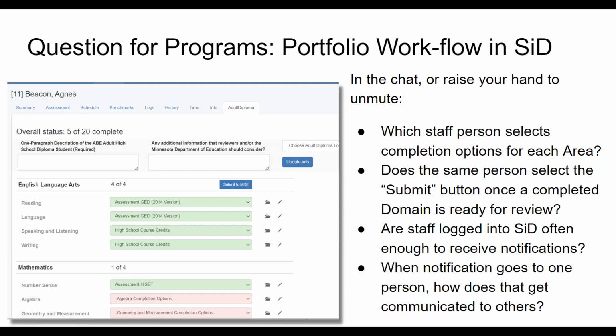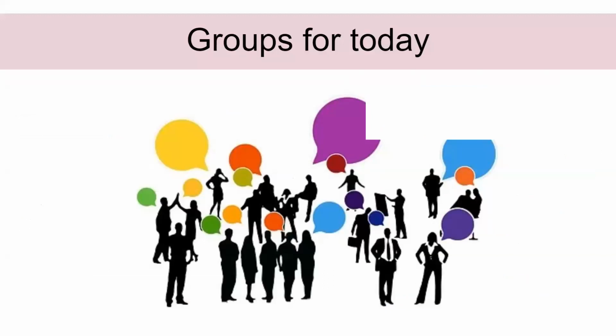All right. At this point, we're going to circle back and clarify where we have landed in terms of smaller groups for today. Astrid, do you want to have some info for us on that? Yes, I do.